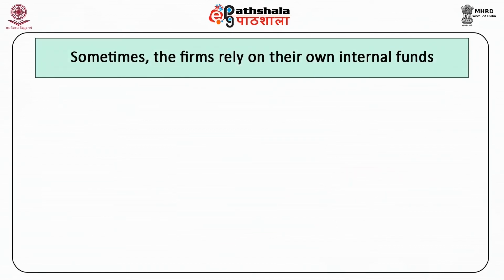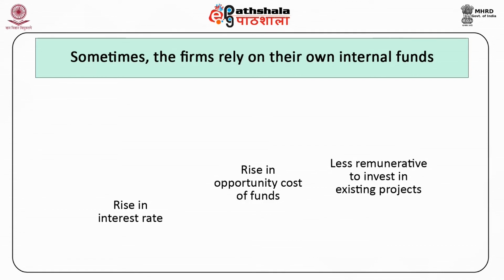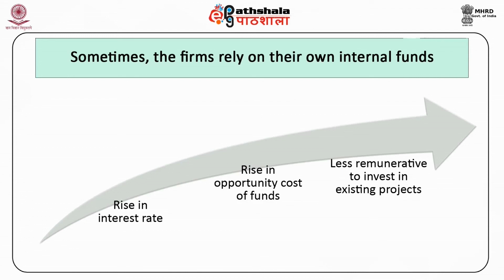Sometimes the firms may rely on their own internal funds. In such cases too, the rise in interest results in a rise in the opportunity cost of funds, making it less remunerative to invest in existing projects.